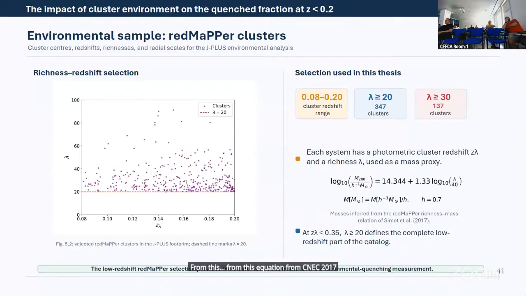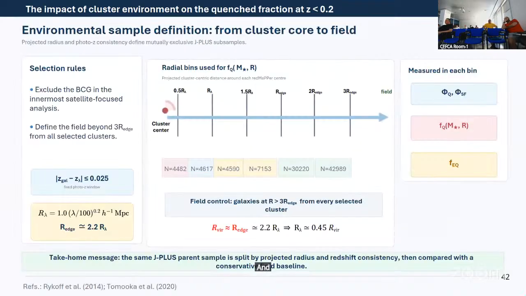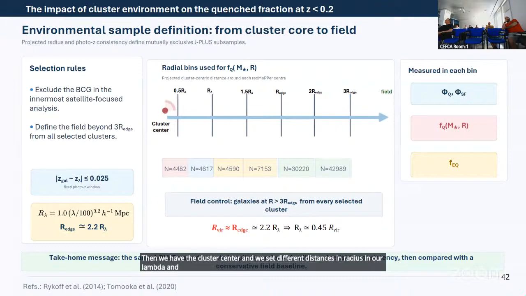And to let you know how the methodology works to obtain the different subsamples: here we have the cluster center, and we set different distances in radius, in R lambda and R200. Basically, R200 is related with the bigger radius.